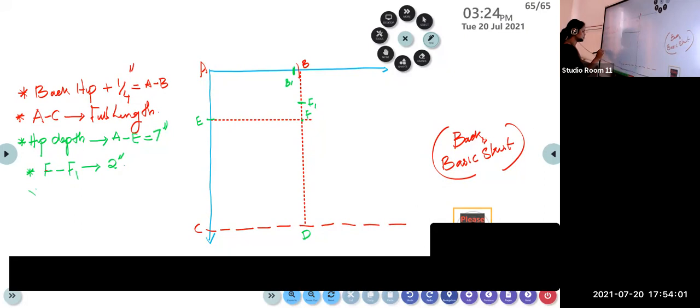So the distance between B and B1, which should be taken inwards, not outwards, is equal to 3/4 inches.